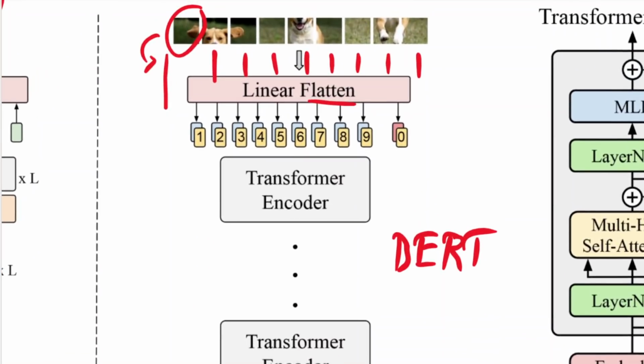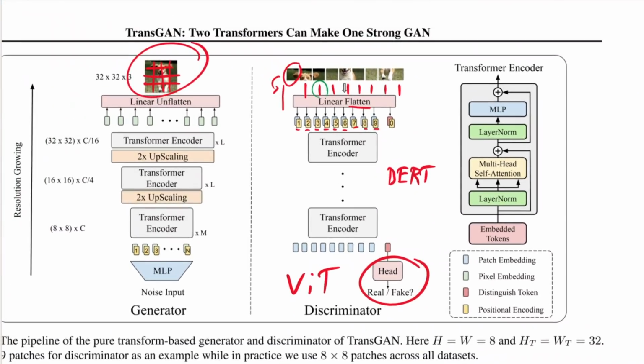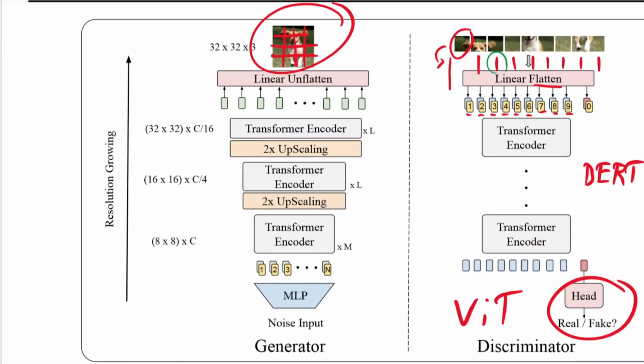You do have to add position encodings because, lacking the convolutions, the transformer has no idea where in the picture a given thing appears, because it is not a sequential architecture, it's actually a set transformation architecture. So you do need to add positional encodings, but in general, this has been shown to work quite well in things like ImageNet classification. On the generator side, it is very similar, but a little bit different.